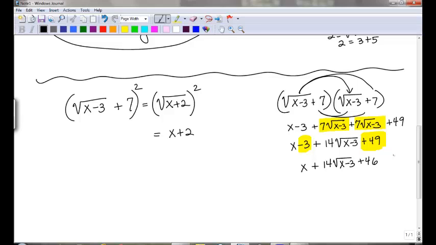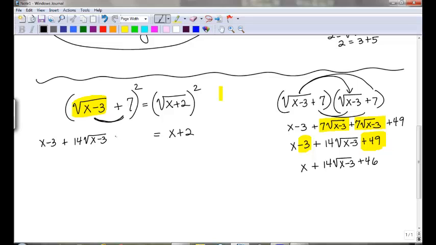Now, if I did it by the shortcut, if I just go in and square a binomial, the shortcut would be square the first term. So if you square that, you just get rid of the radical. Then you multiply these two together, so it'd be 7 radical x minus 3, and double it. So that'd be 14 radical x minus 3.